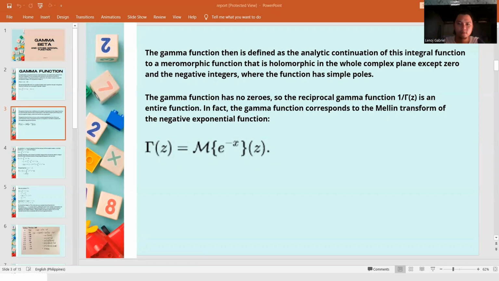So we have now negative e negative x, integral from 0 to infinity.